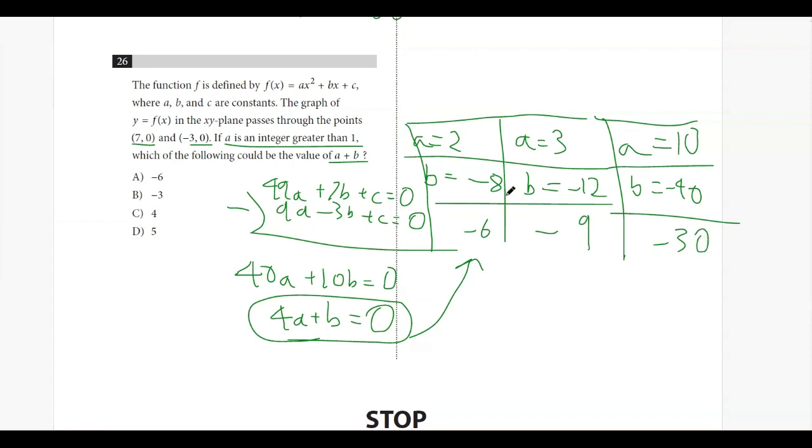And from the table, I can see that it's decreasing. The sum of a plus b is decreasing as we increase the value for a. So C and D are immediately eliminated. And I see a -6 here. So A is the correct answer.